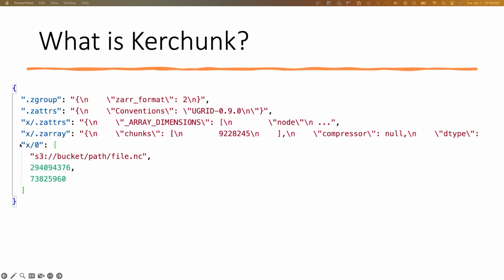But when ZAR tries to read this file, kerchunk, or in this case Python's fspec library, which is not part of kerchunk, but kerchunk functionality is implemented by fspec, right? So fspec meaning file system specification. Python's fspec library will go retrieve this byte range from this file and present it to ZAR.